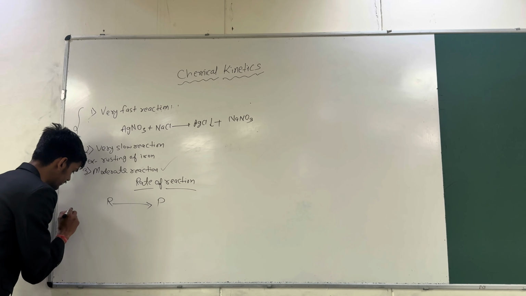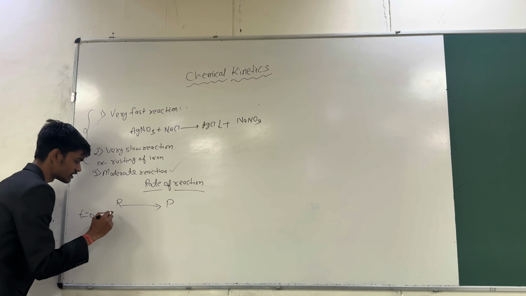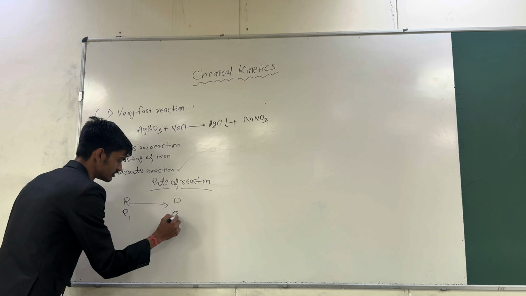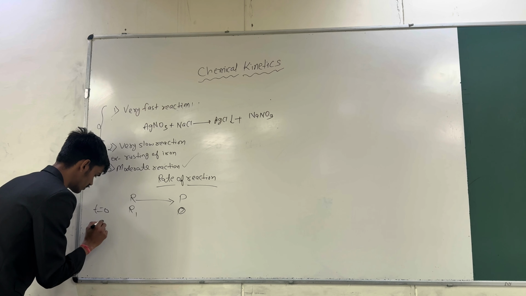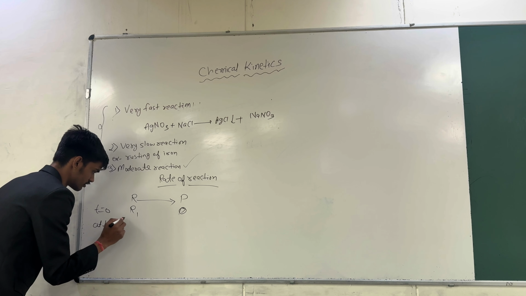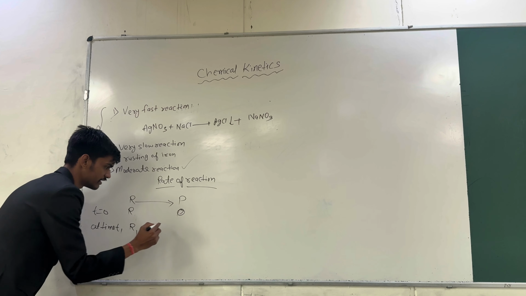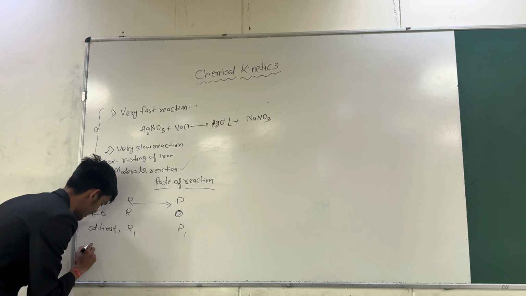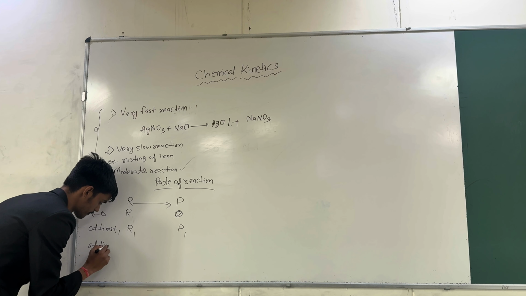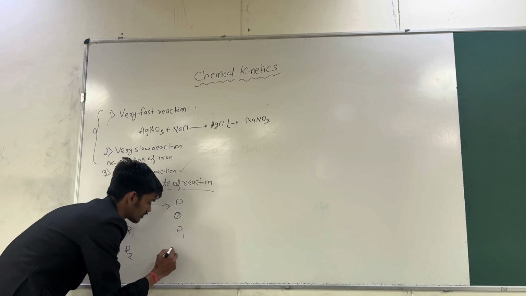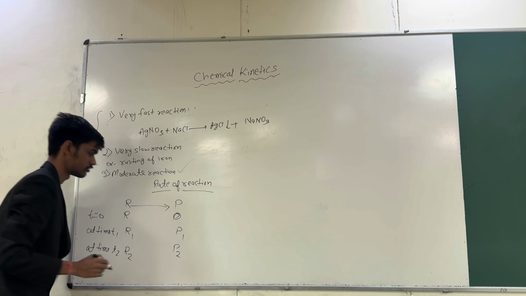Let us suppose at time t equals 0, the concentration of reactant is R1 and the concentration of product is 0. At time t1 it is R1 and P1. At time t2, the concentration of reactant is R2 and the concentration of product is P2.